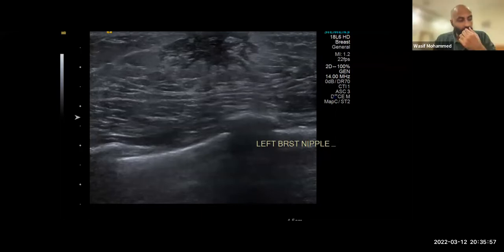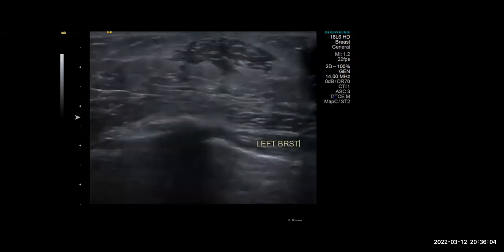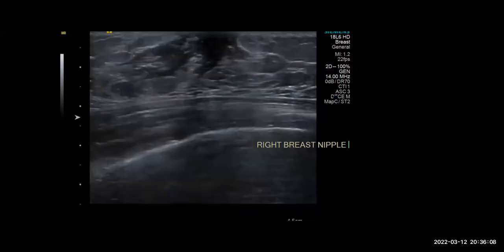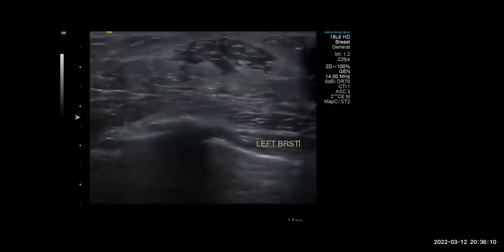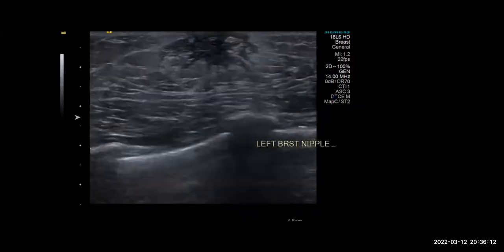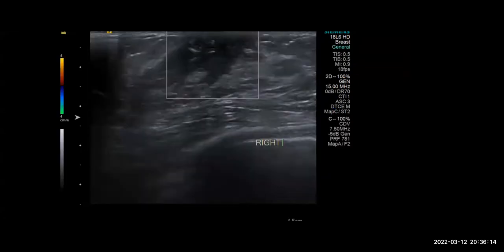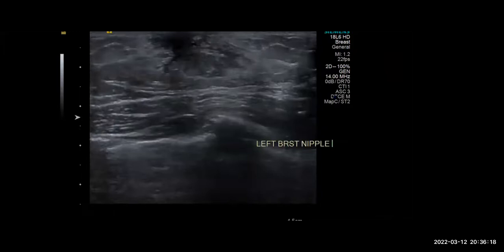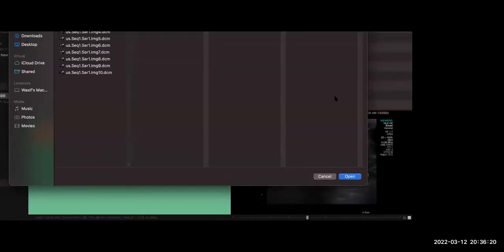So this is a 12-year-old boy who presented with bilateral breast enlargement. Okay, so I can see that this enlargement appears to be almost a flame shape in nature, with the adjacent breast parenchyma showing some signs of edema. In a 12-year-old boy who is having this, I would be suspecting gynecomastia.